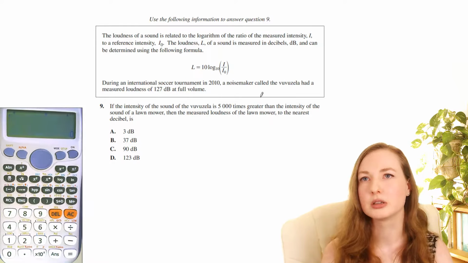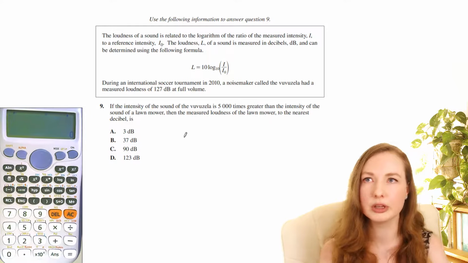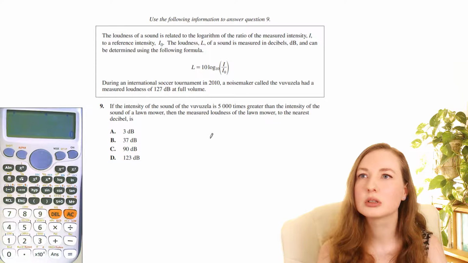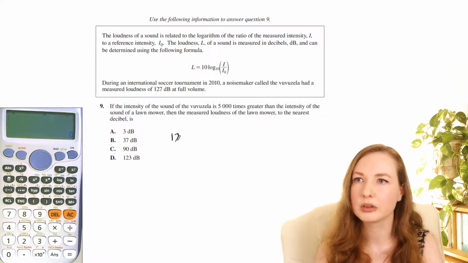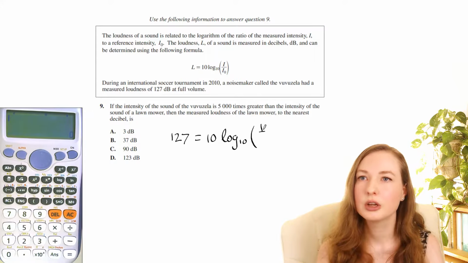What it actually is, let's call the intensity of the vuvuzela IV. So we know that that gave L being 127. So we could say 127 equals 10 log 10 of the intensity of the vuvuzela divided by the reference intensity.